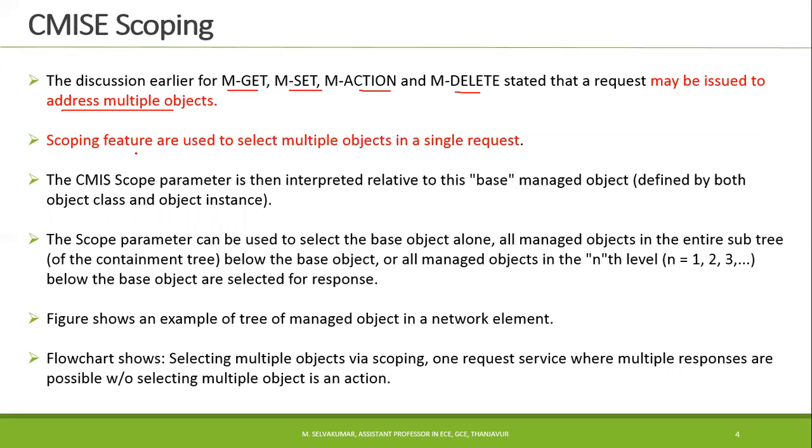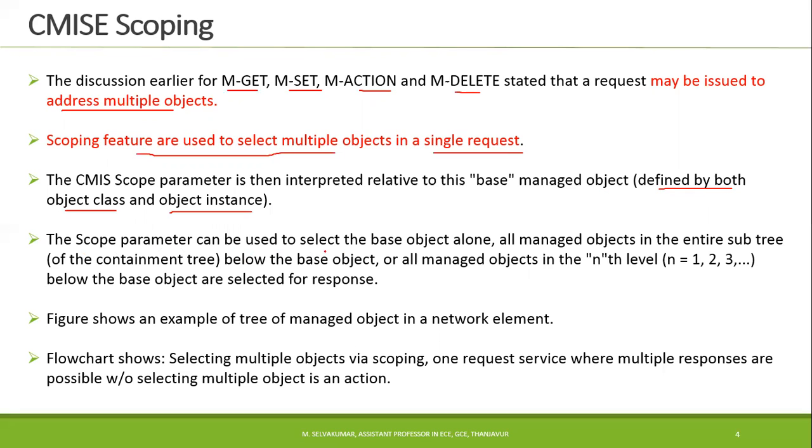Scoping features are used to select multiple objects in a single request. The CMIS scope parameters are interpreted relative to the base object, defined by both the managed object class and the object instance.